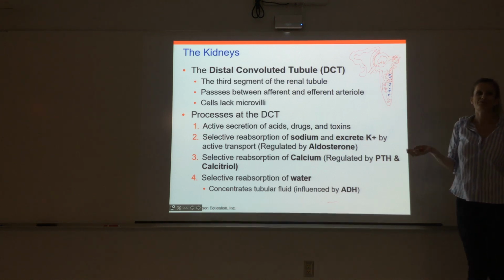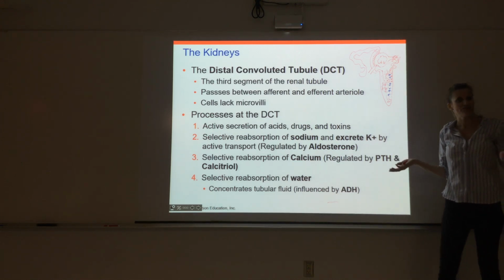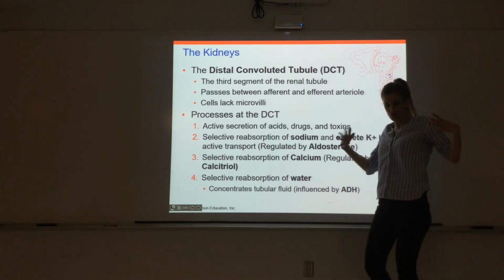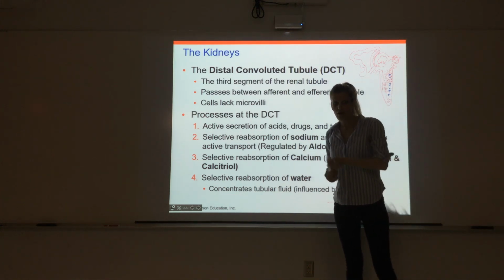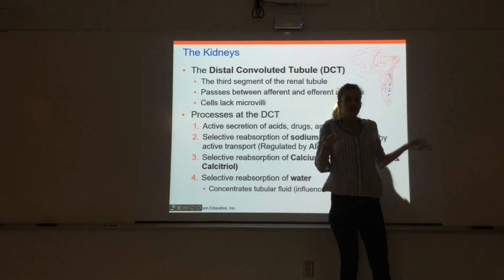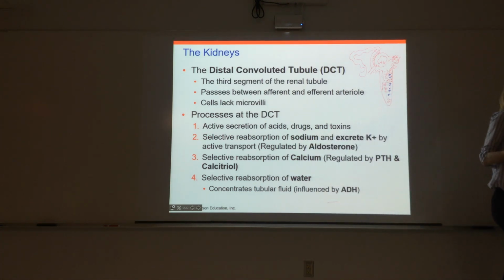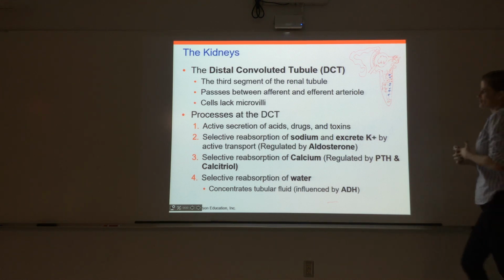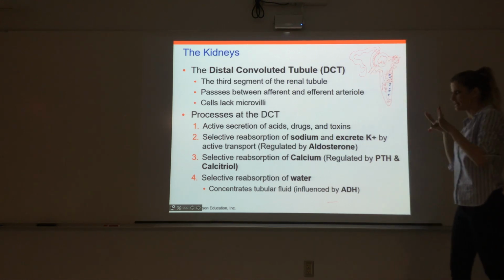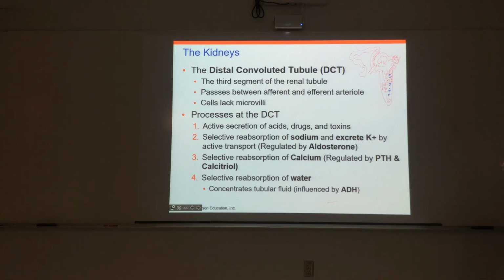We've already reabsorbed almost everything, right? Like 60 to 70% of the total volume was reabsorbed in the PCT. Another quarter of the fluid was reabsorbed in the loop of Henle, so there's not that much left, right? There's not a ton left, so we don't need all of that extra surface area. The flat surface is plenty for us to reabsorb what we need to.